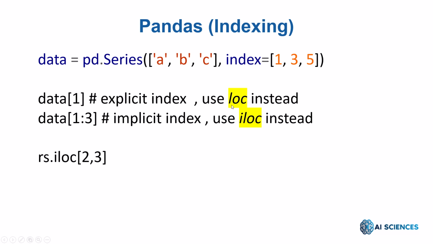So to resolve that confusion, there are two functions, loc (location) and iloc (index location). If you call loc, that means the explicit index. So for example, data frame iloc 2, 3 means second row and third column using the implicit indices. If, however, I use the loc function instead of iloc, that means whatever the explicit indices are, they will be referred to.